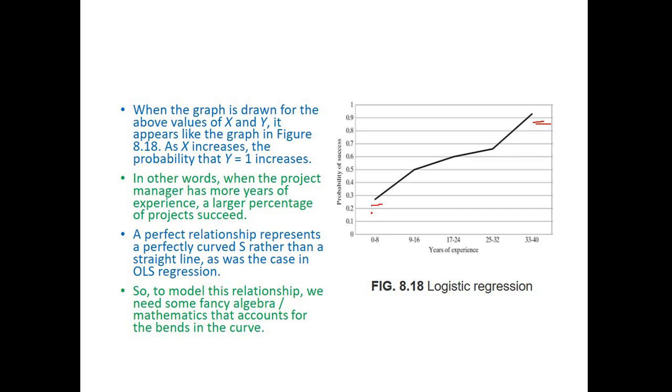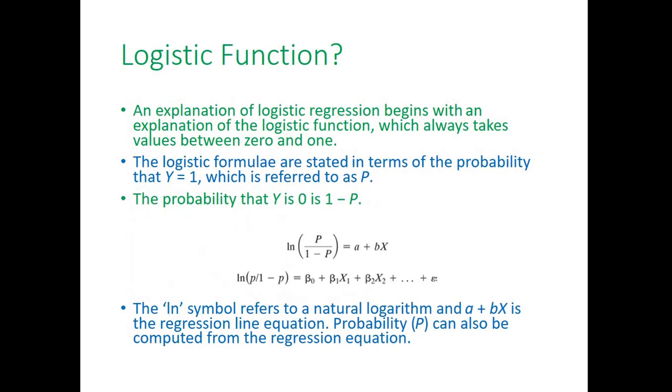So that means as there are more years of experience, the percentage of project success is larger. A perfect relationship represents a perfectly curved line rather than a straight line, as was the case in ordinary least square regression. So we need some mathematics to generate this model.